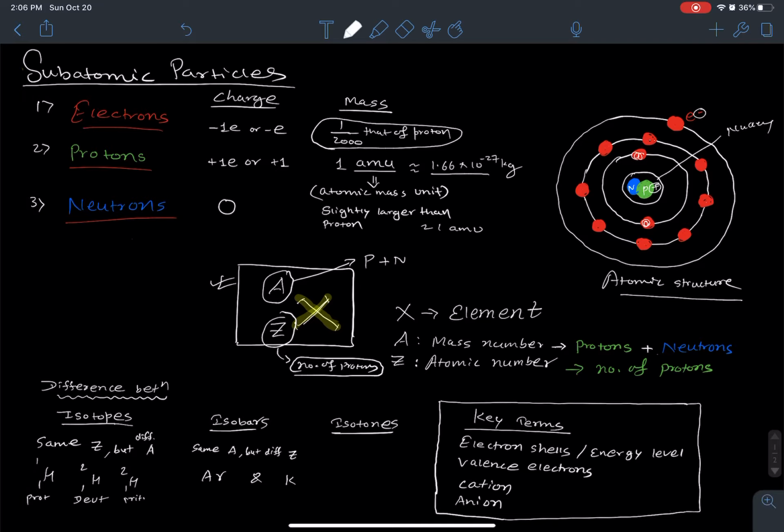Argon has 18 protons and a mass number of 40. The other one, potassium, also has a mass number of 40, but its number of protons, or atomic number, is 19. So this is an example of isobars.